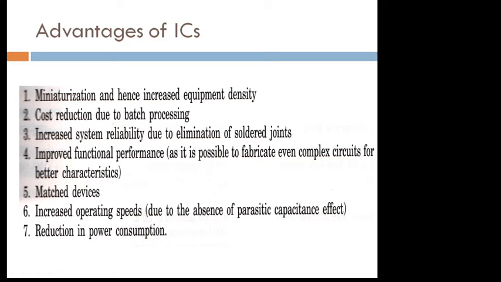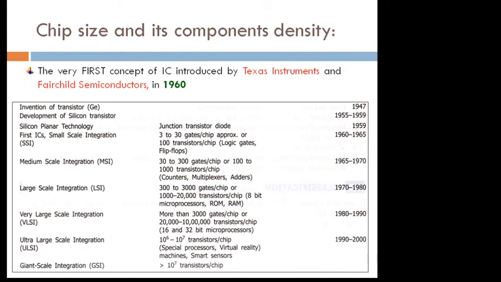So these are the few listed advantages of ICs over printed circuitry board mounting of analog components. तो एक तरफ आपके पास advantages of ICs, printed circuit board के comparison में IC में क्या क्या फ़ायदा है, that is over here.